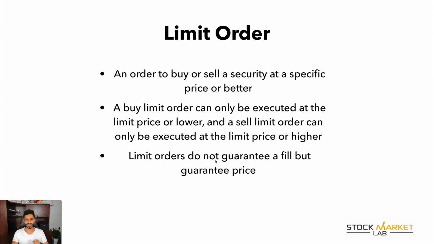Limit orders do not guarantee a fill, but guarantee price. So market orders guarantee a fill, meaning you will get in or out of the stock, but your price is not firm. Limit orders say if you want to buy a stock at $2.77, you will get the stock for $2.77, right? So this is the breakdown of a limit order.